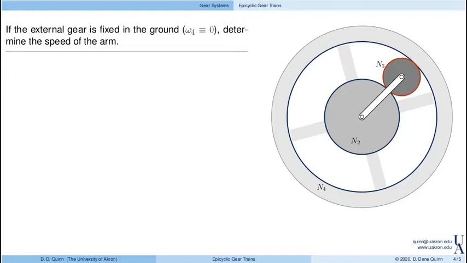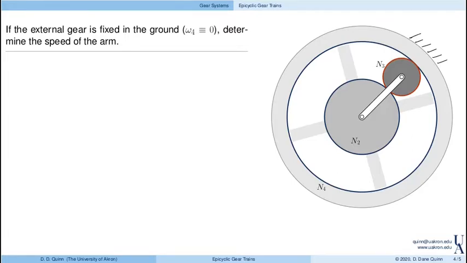Okay, so let's look at a simple example. Let's fix, actually, the ring gear, right? So we'll fix omega 4 to be equal to 0. So essentially we could take this and we could ground omega 4.